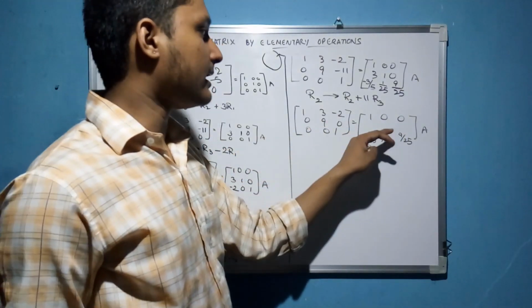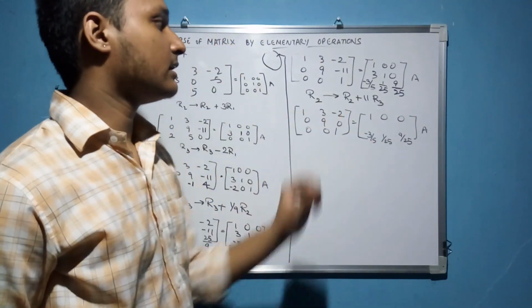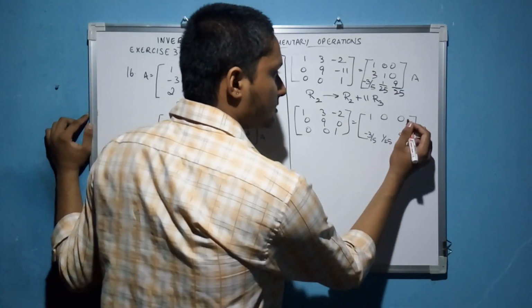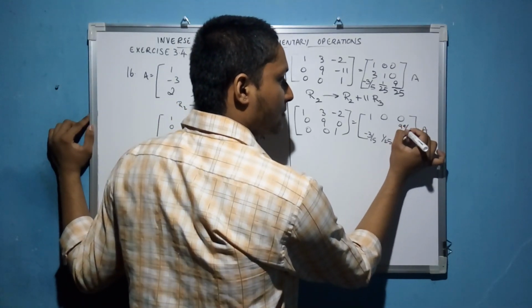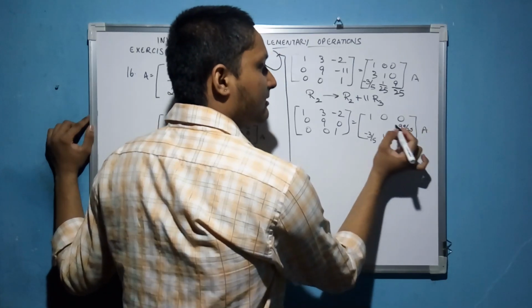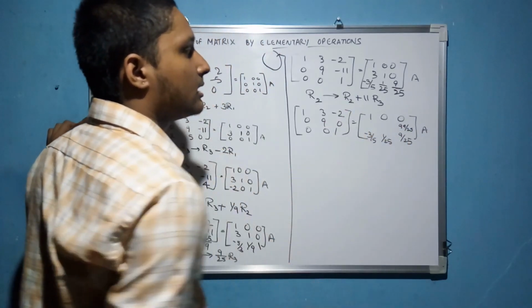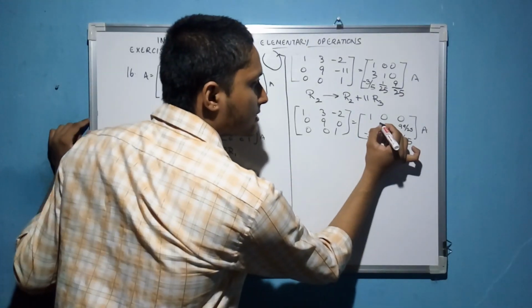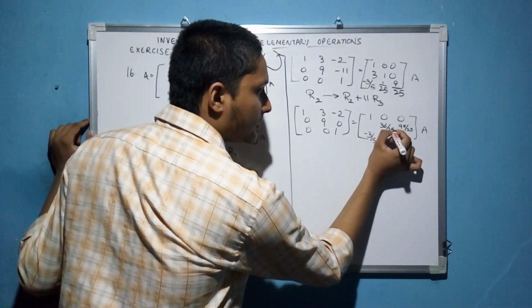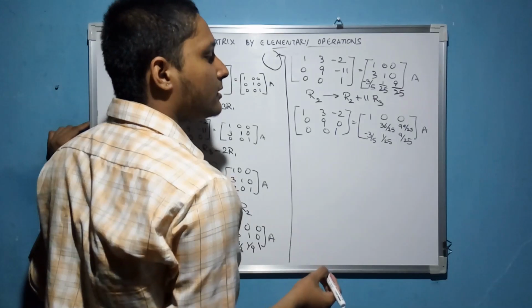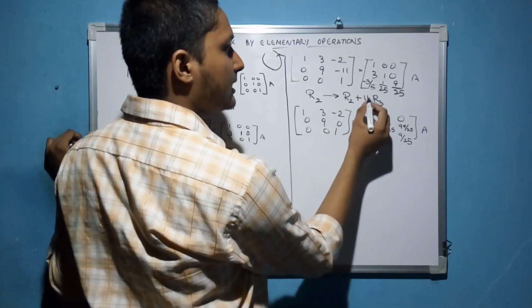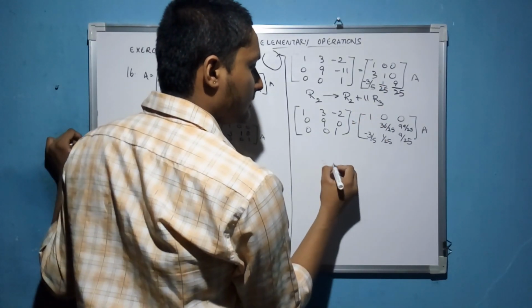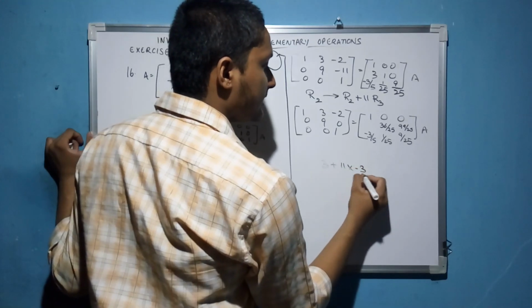Now we are going to add 11 into R3, so you are going to get 99 by 25 here. Then here you are going to get 1 plus 11 by 25, that is 25 plus 11 is 36, so you are going to get 36 by 25. Now one more thing: 3 plus 11 into minus 3 by 5.